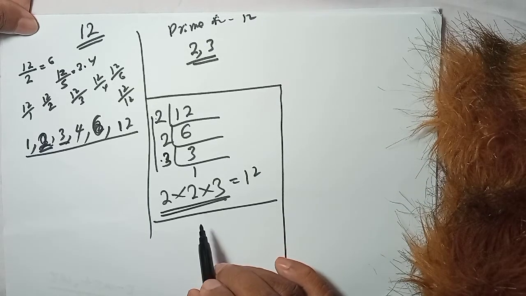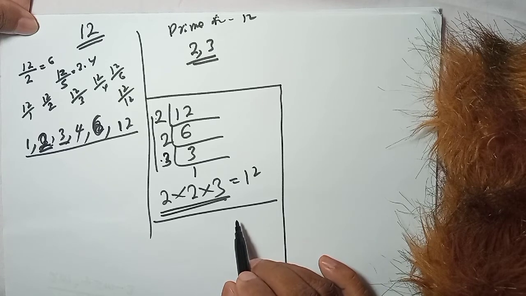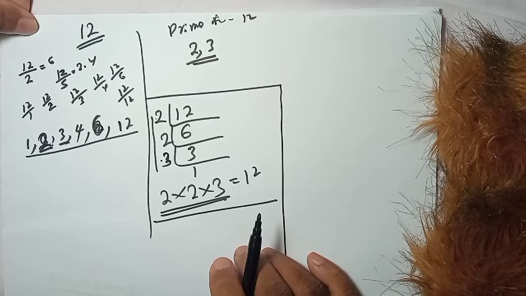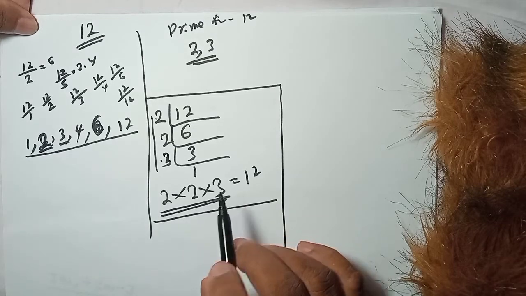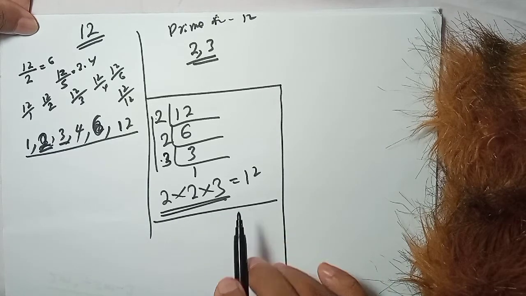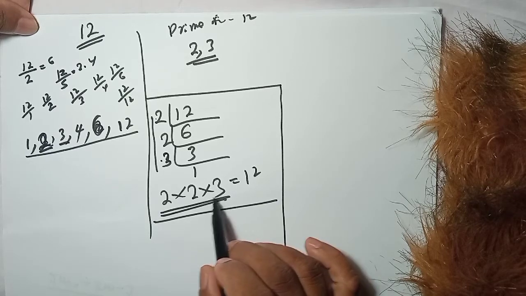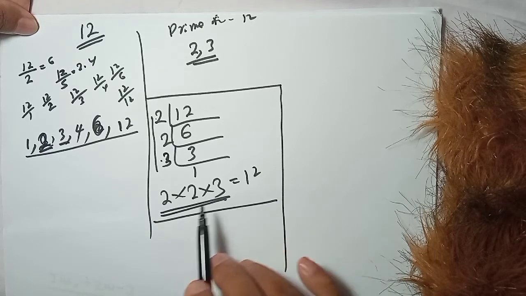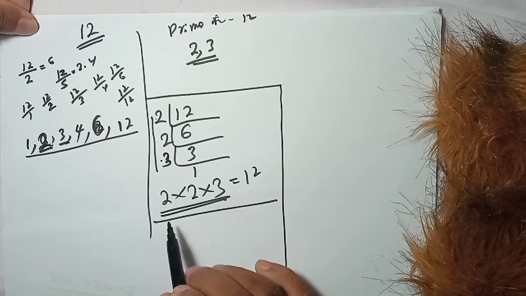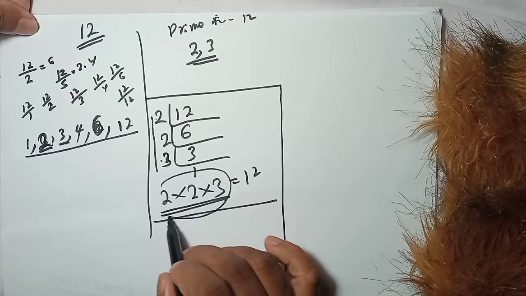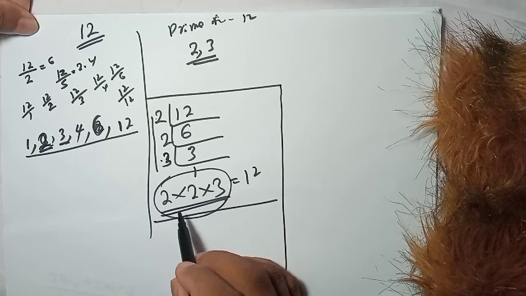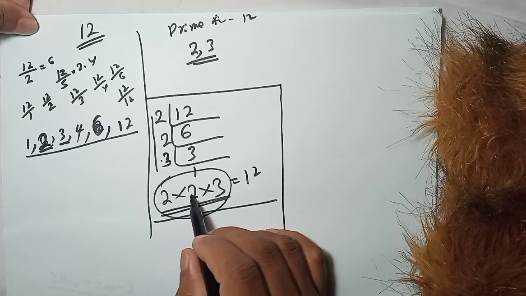But sometimes they ask for 12 as a product of its prime factors in index form. You wrote 12 as a product of prime factors, now convert this to index form. Index form means you can write this using an index.